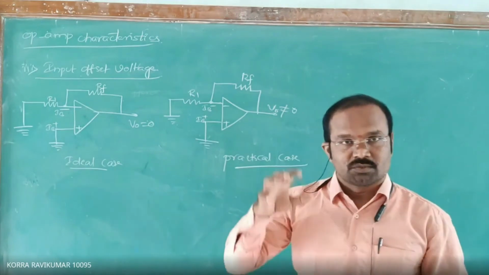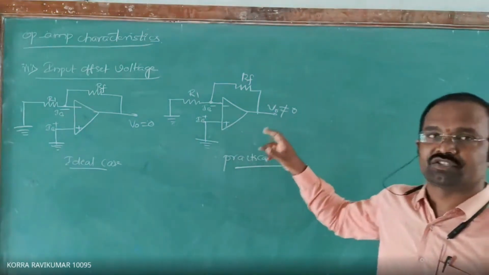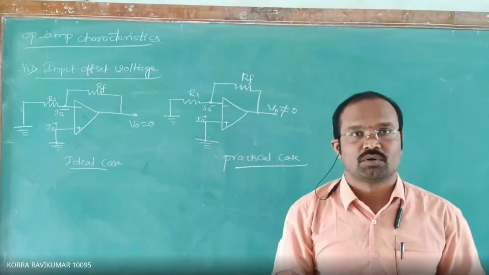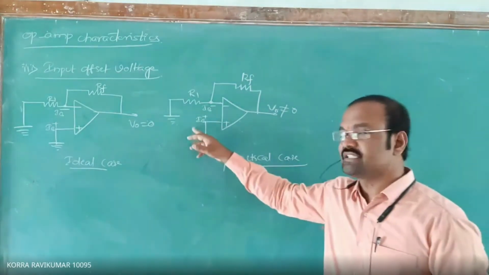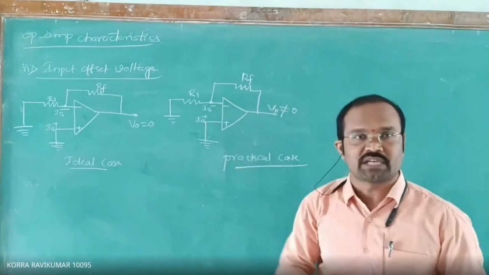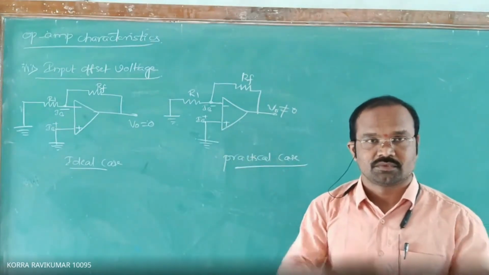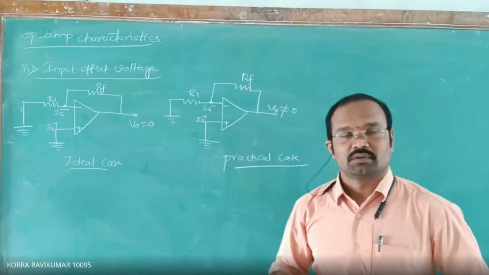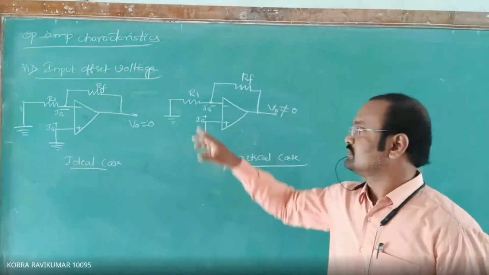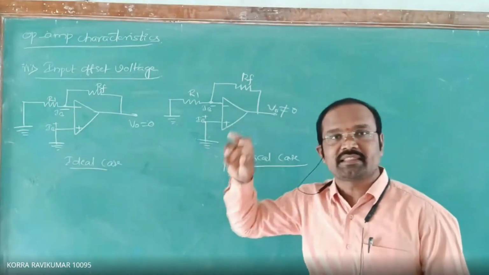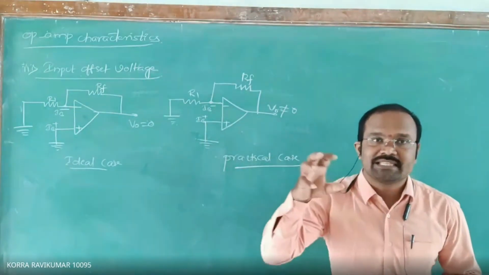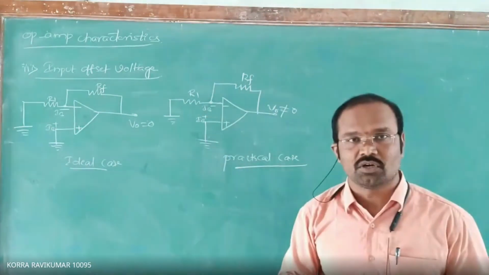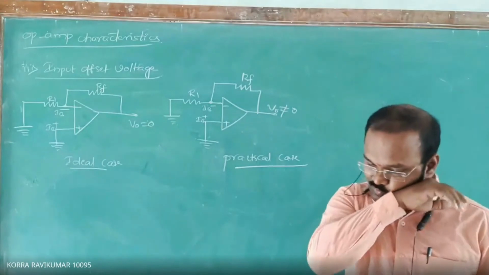So to make the output voltage of the practical op amp equal to 0, we need to give some differential voltage at the input side. This is called input offset voltage.